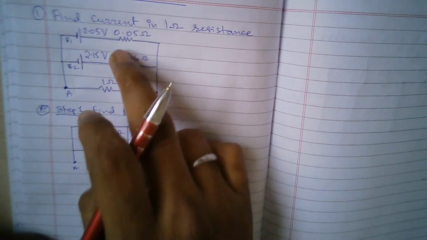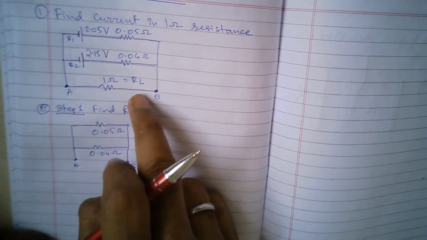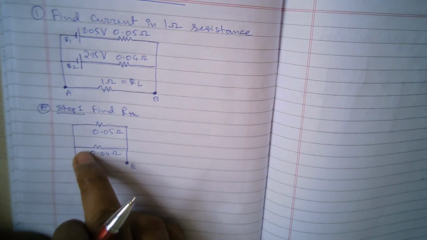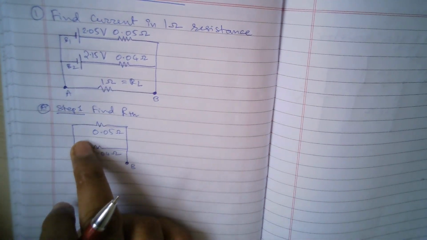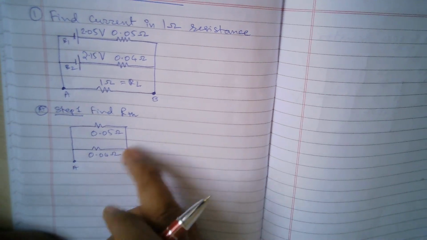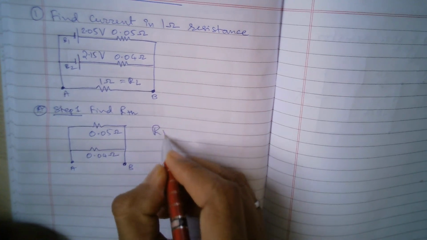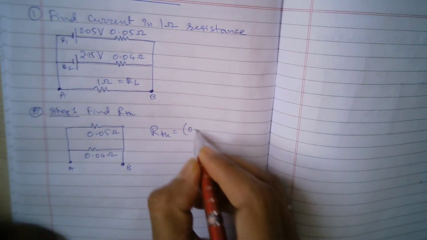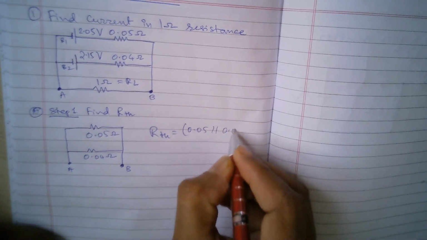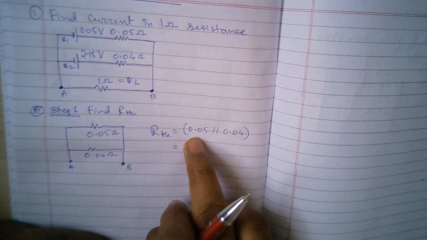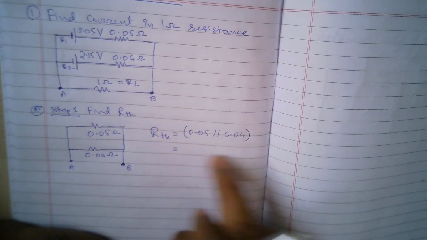So this becomes the circuit because I have to remove the load resistance and short circuit the voltage sources, replacing them with their internal resistances. Now what is the resistance between AB? It is nothing but Thevenin's resistance, which is 0.05 parallel with 0.04. The parallel combination of two resistances is R1 multiplied by R2 divided by R1 plus R2.